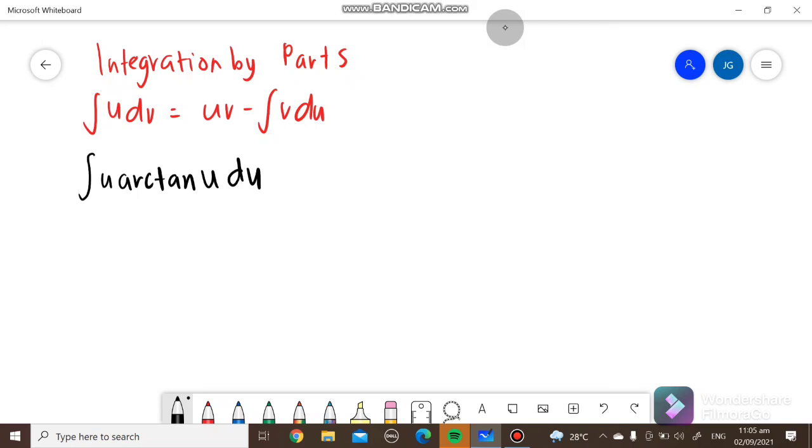So let's set it as x and y. We need to find x, dx, y, and dy. So we set x as the arctangent of u.